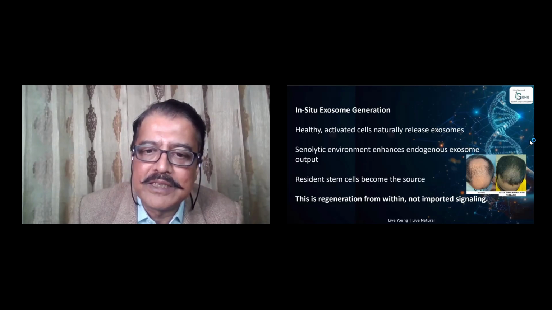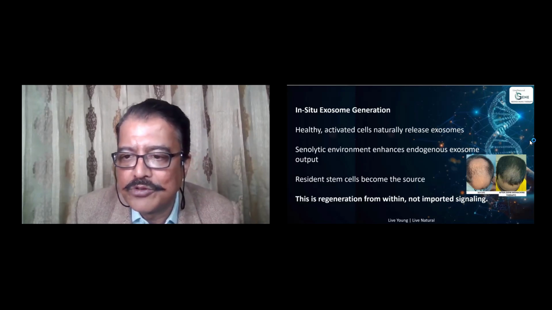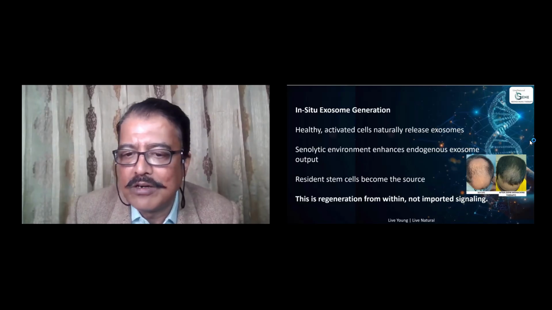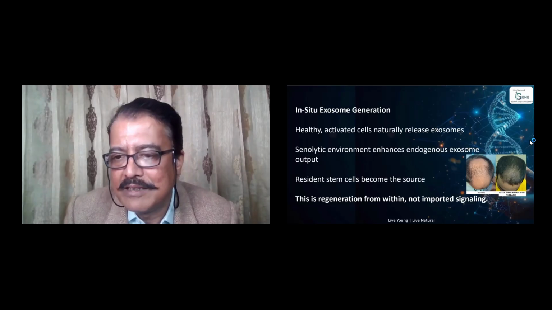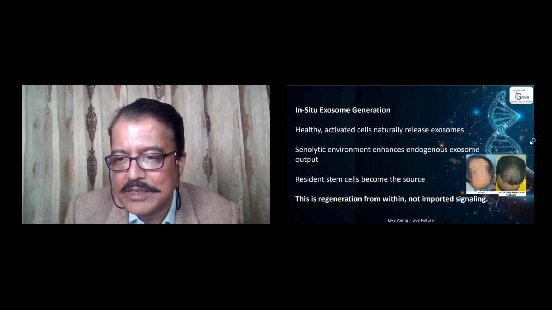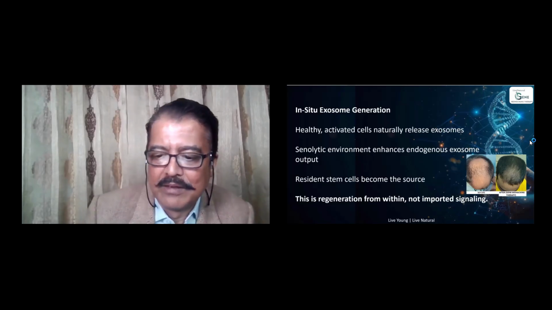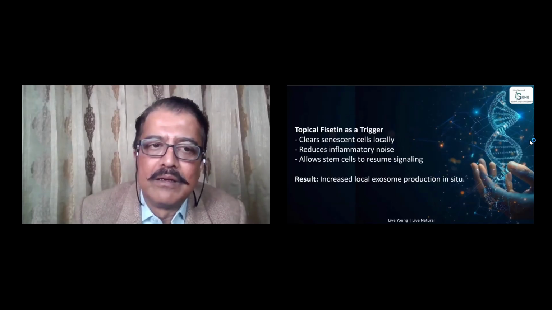The resident stem cells become the source of your exosomes. This is regeneration from within. We do not need imported signaling. If required, imported signaling should be an exception.